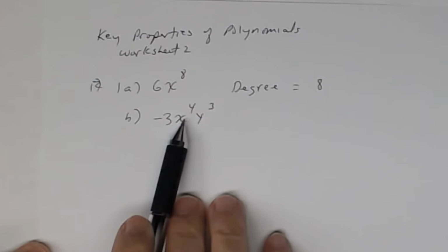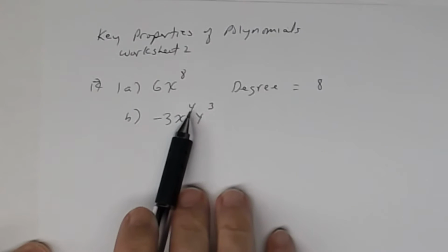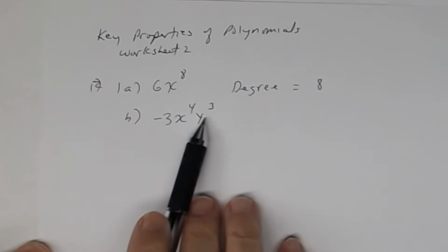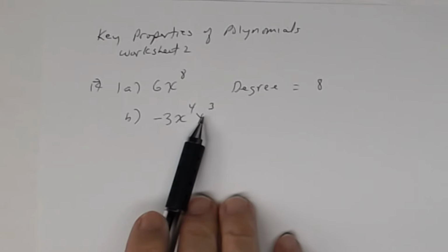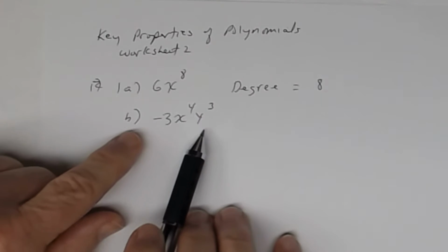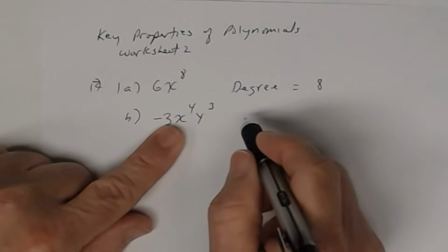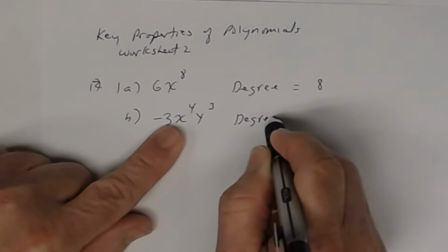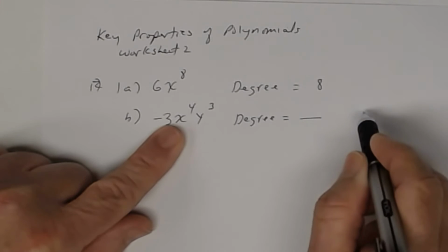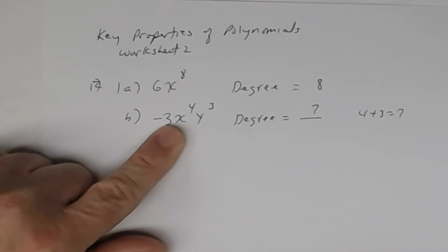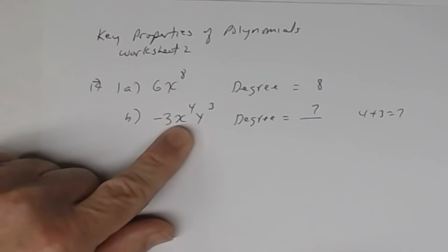So you have to look at the exponents of each one and then add them up. If there's more than one variable in a monomial, you add the exponents. So the degree here is going to be 4 plus 3, which is 7. So that's the degree of this monomial.